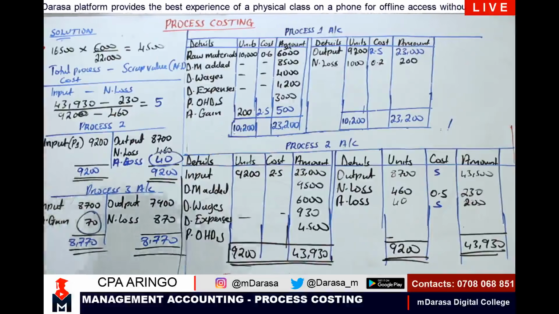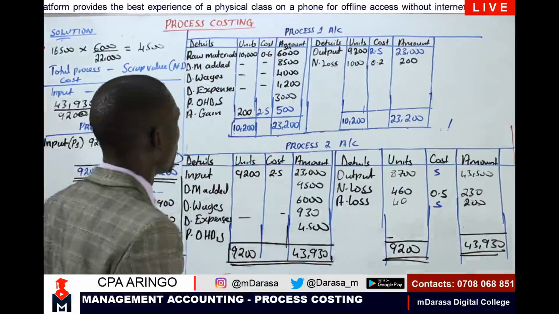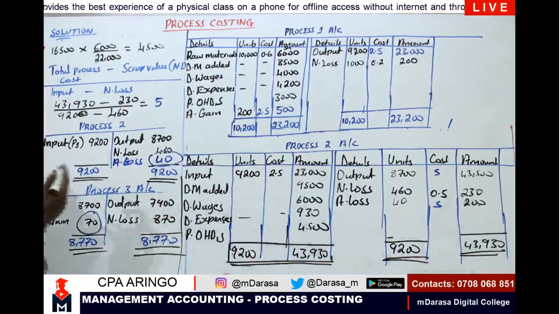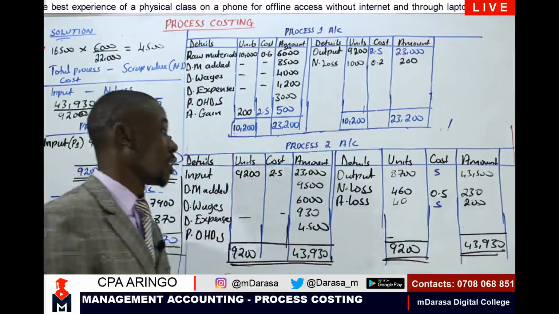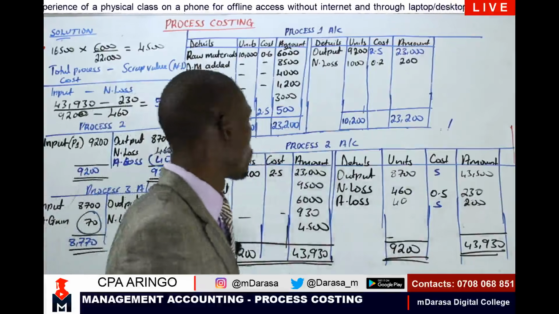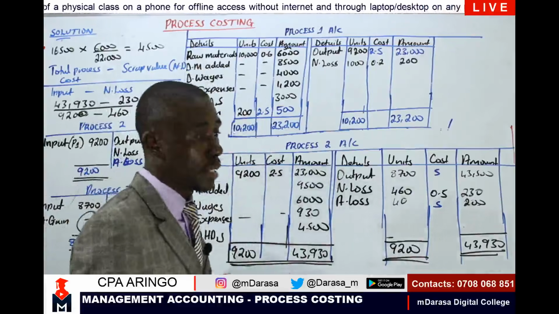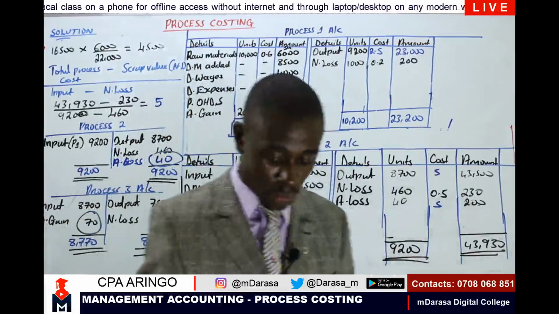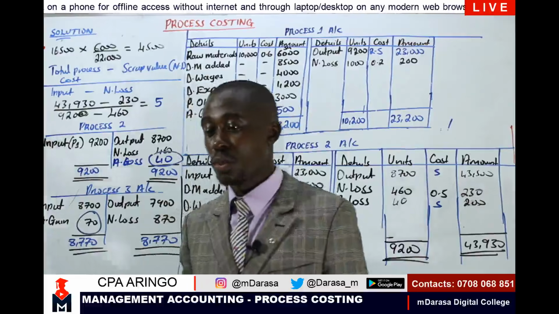Then the other one, I should be talking of 200 by 2.5, or rather you can just check it out later on. So after we're done with that, that should take us to process 3 account.